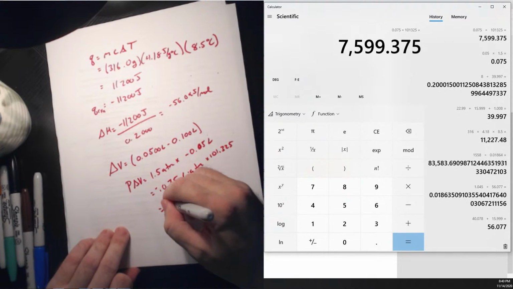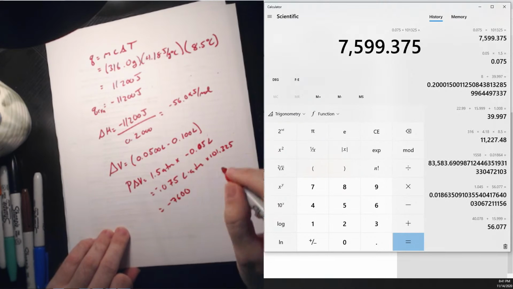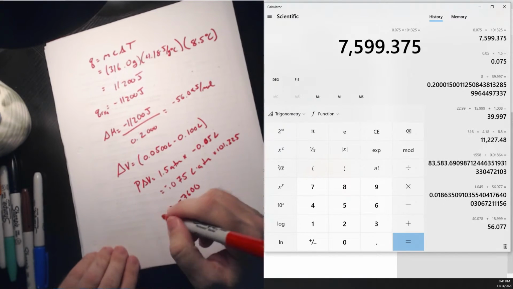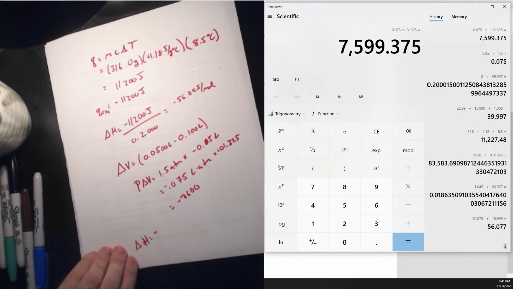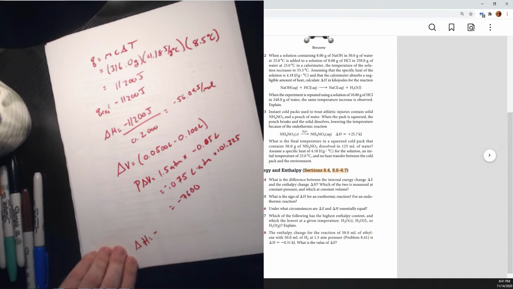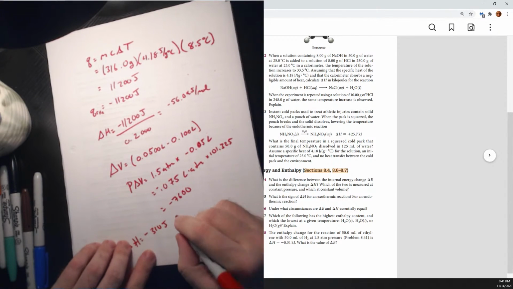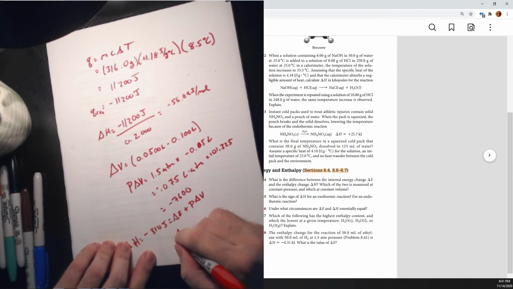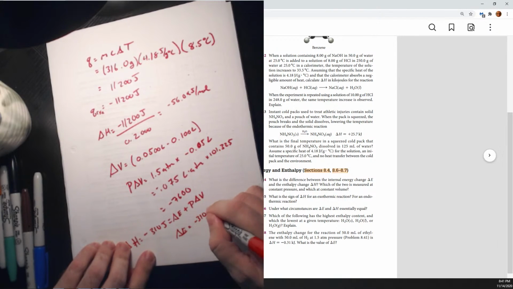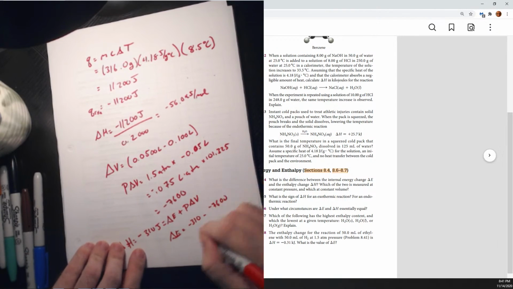P delta V is negative 7,600. So delta H equals negative 0.31 kilojoules, negative 310 joules. Delta E equals delta H minus P delta V, so negative 310 minus negative 7,600 equals positive 7,290.